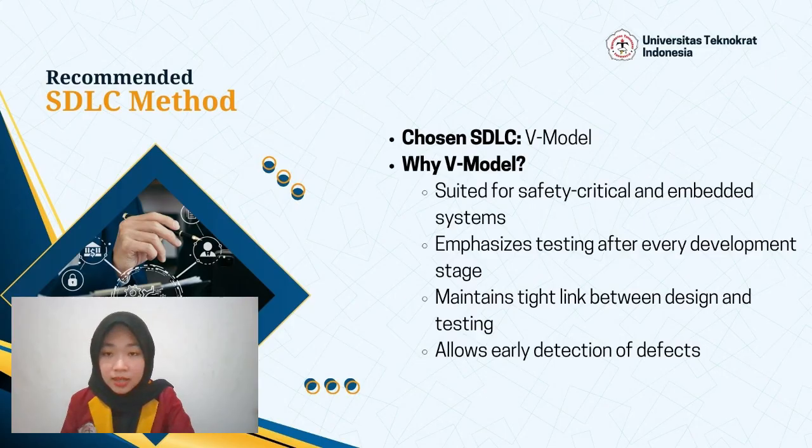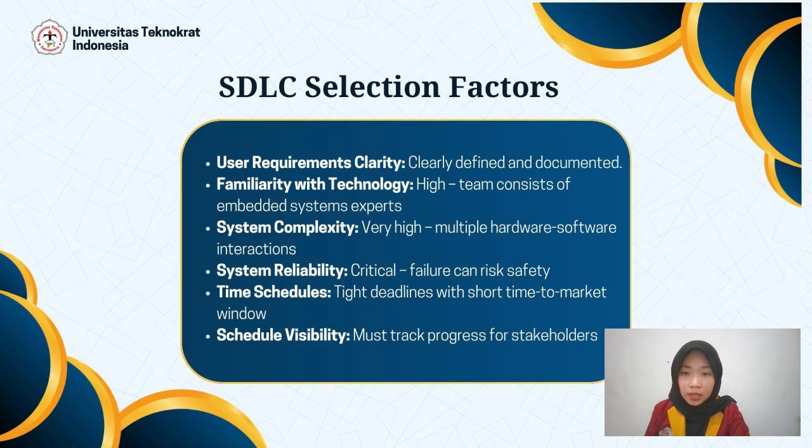And then next is SDLC selection factors. Let's now discuss the six selection factors from this scenario. First is user requirements clarity. The user requirements are already clearly defined, which suits the V model well because it requires precise documentation from the start.